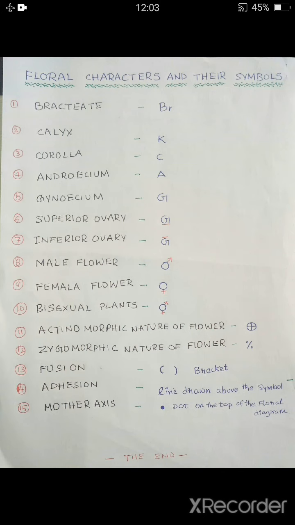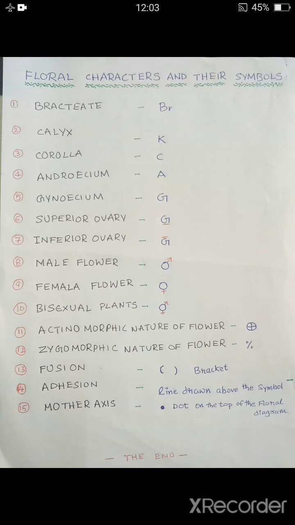a flowering plant from the beginning. They explain a flowering plant beginning with habit. Next, vegetative characters, like roots, which we discussed just now, because the root is the first produced part in the plant. Next, followed by stem, next leaves, and then floral characters.